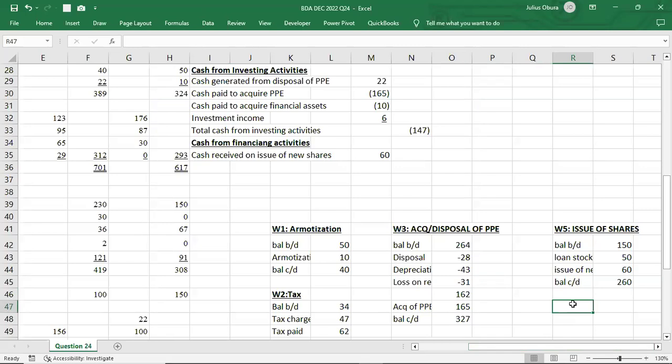Never assume that there was no payment of dividend. Do a working to check. So our working 6 will be for dividends paid.